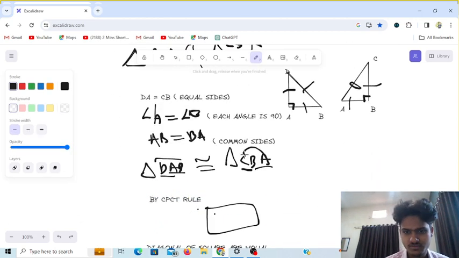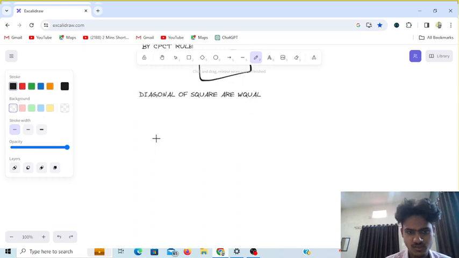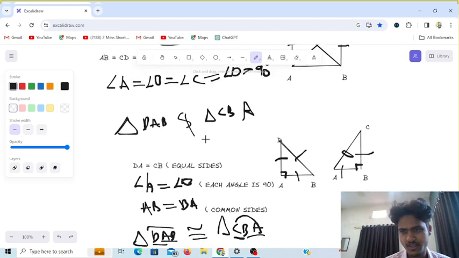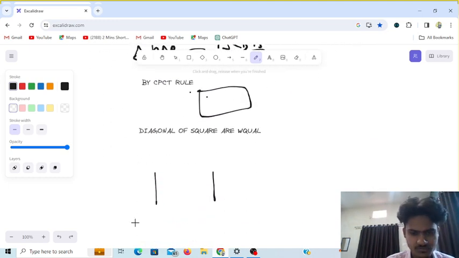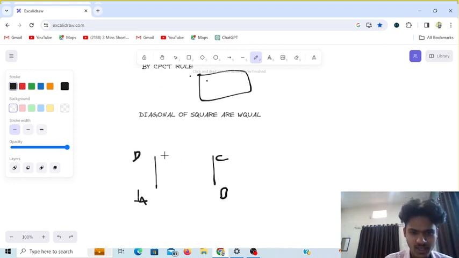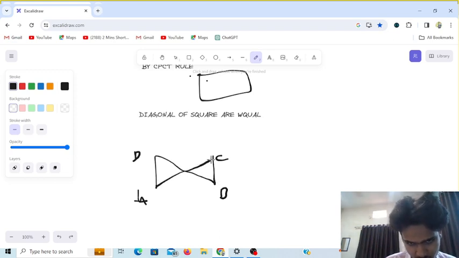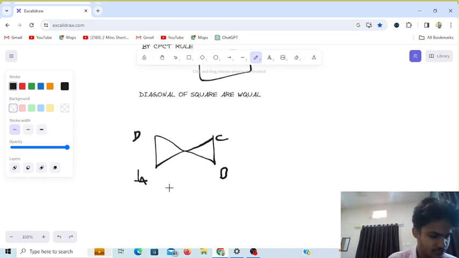Okay, let's consider this side of the square and this side of the square. The names are AD and BC. And we are drawing the diagonals.